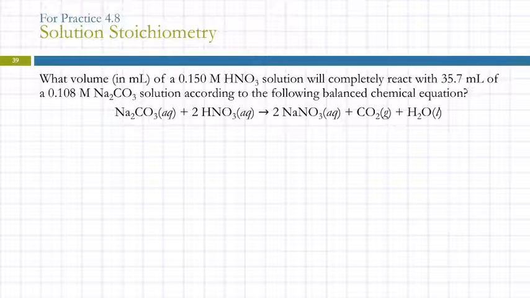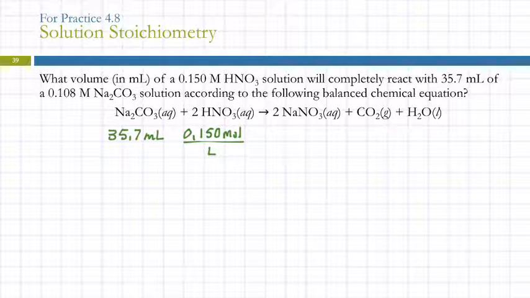So 0.150 molar nitric acid. Okay, so I'm going to write that under the formula for nitric acid. 0.150 moles per liter. Write it as a vertical fraction. And then I'm given a volume of sodium carbonate. So 35.7 milliliters of the sodium carbonate.